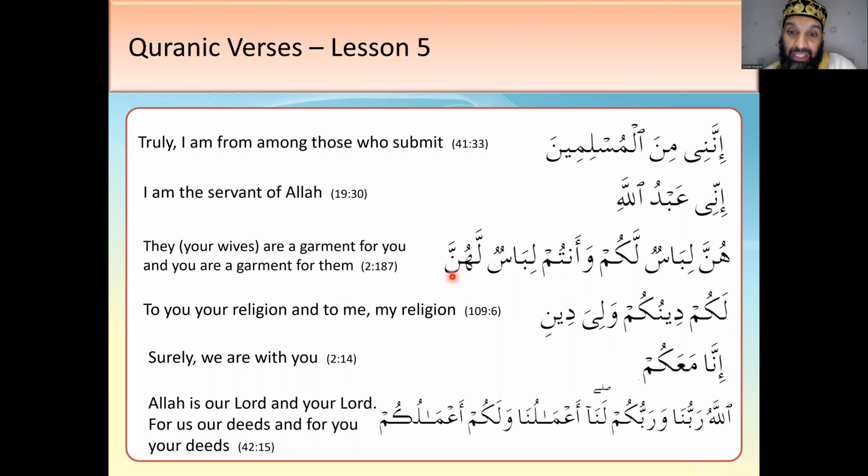For them, exclusively women. Right? So the women are a garment for you all. And you all are a garment for them all. Yeah? If you know what libas means, then you've learnt all the other words. Obviously, I don't expect you to know it right now because we've just done the table today, but if you learn that table well, and you know what libas means, you can translate this, hunna libasun lakum wa antum libasun lahunna.